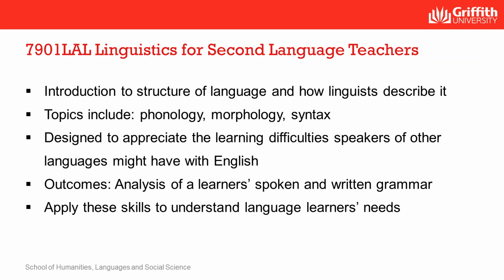Now let's look at a brief overview of the program courses. As I mentioned earlier, there are altogether 4 courses. Each course will be 10 credit points. Seminar 01, Linguistics for Second Language Teachers. This course will introduce students to the structure of language.